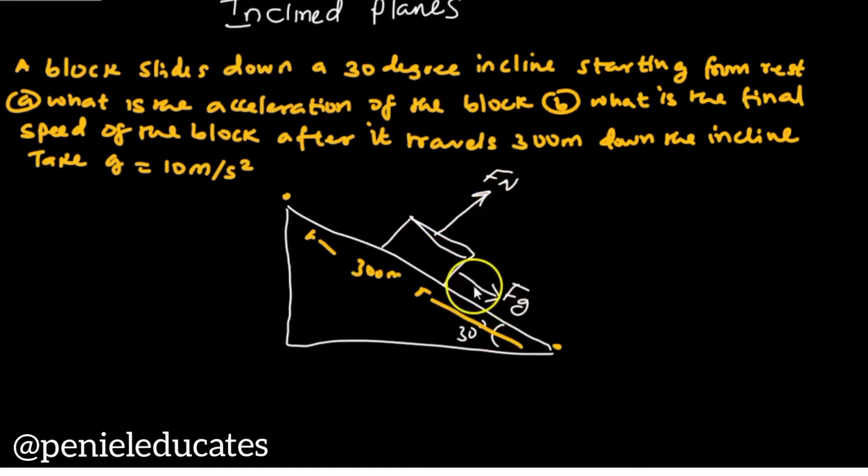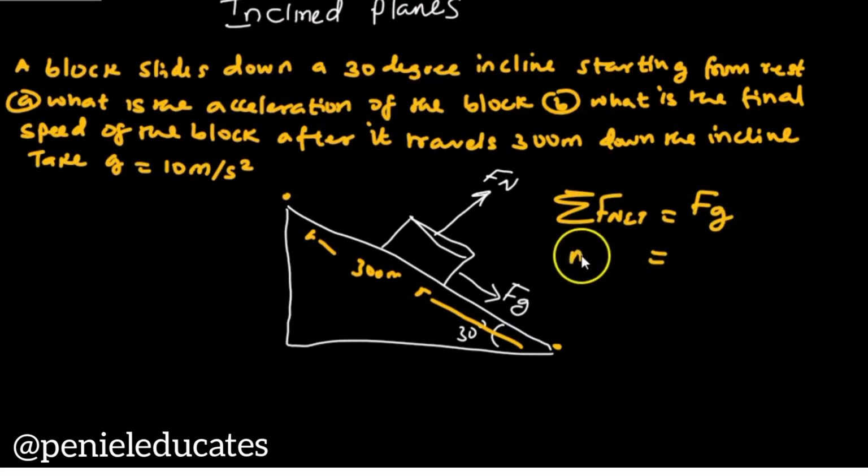Because it's sliding down the incline, the only force acting on it in the x direction is just the Fg, and our sum, which is the net force, is just equal to Fg. Don't forget that this one is Ma and our Fg is mg sine theta.